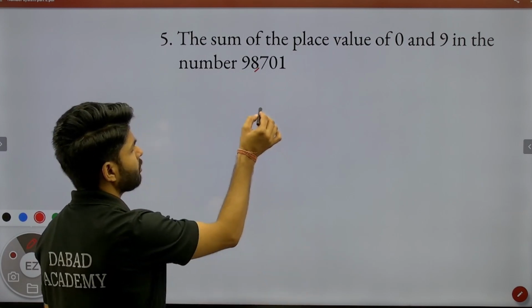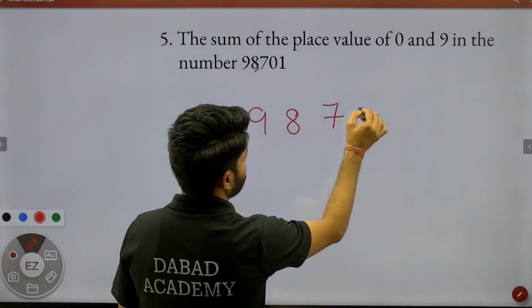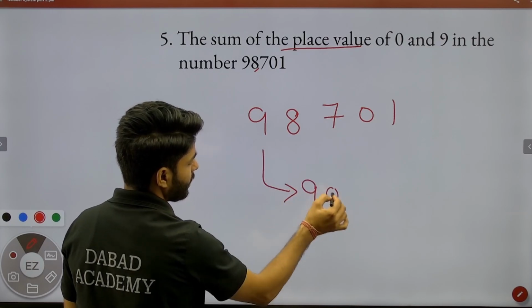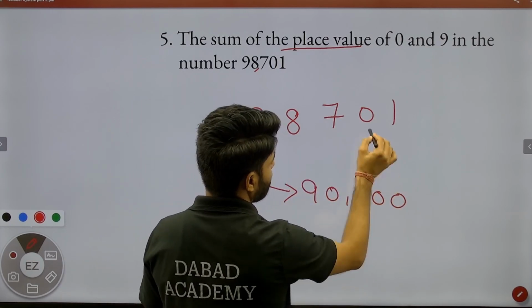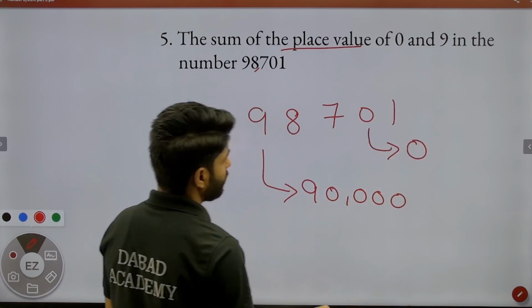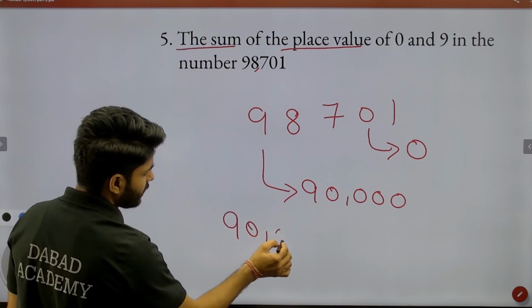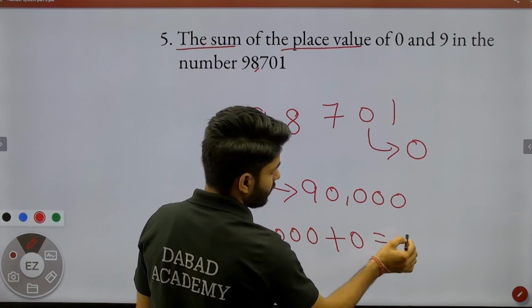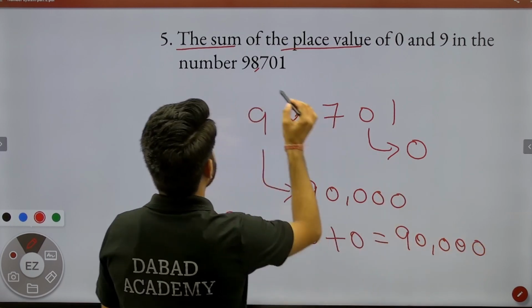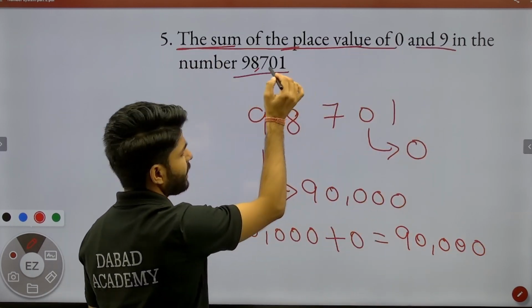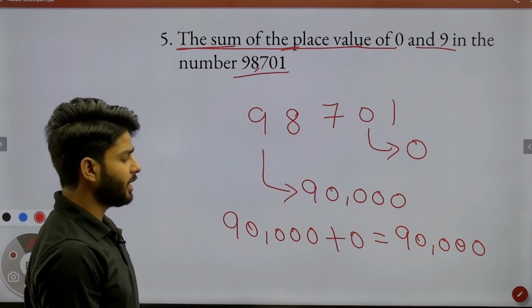First we have to write the number here, then we have to find the place value. So the place value of 9 is 90,000 and the place value of 0 is 0. Then we have to find the sum. So the sum of 90,000 and 0 is 90,000. So the sum of place value of 0 and 9 in the number 98,701 is 90,000.